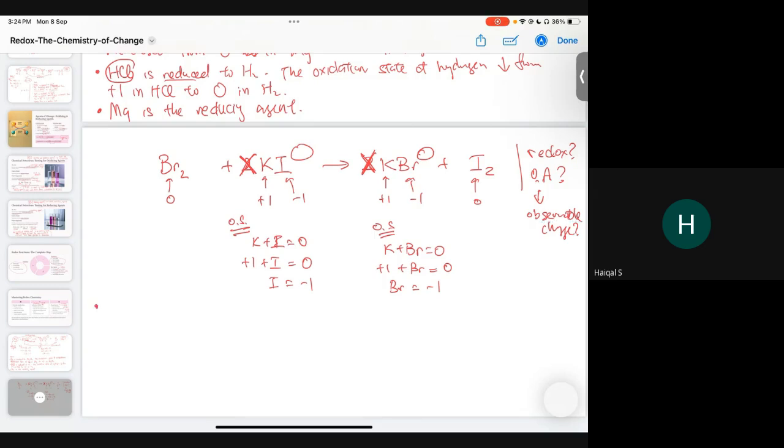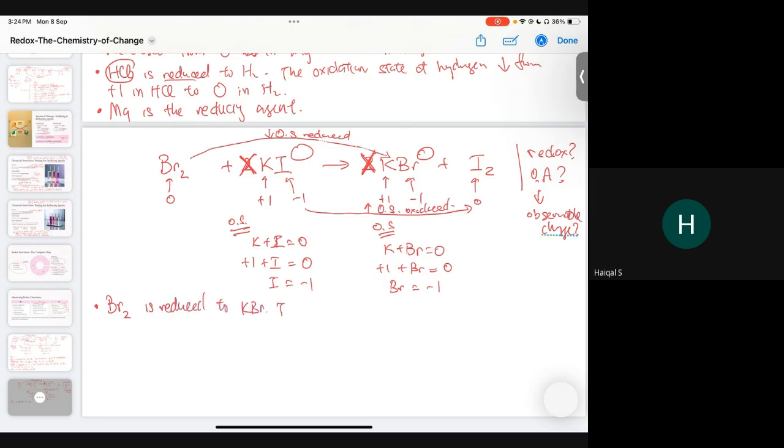Okay, so redox first. Let's settle the redox. So this one I know Br2 became KBr from 0 to -1. So the decrease in oxidation state, so this reduced. KI, the I from -1 became 0. So there's an increase in oxidation state, so this oxidized. So therefore, I can write my sentence now. Br2 is reduced to KBr.